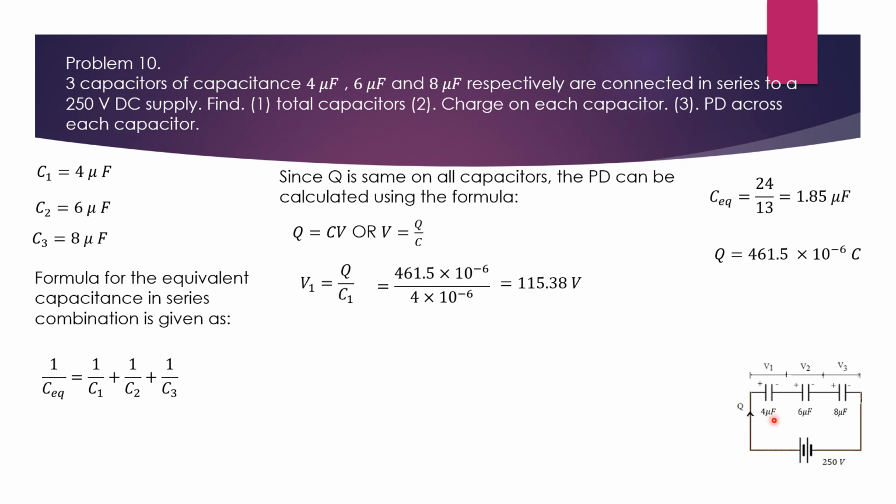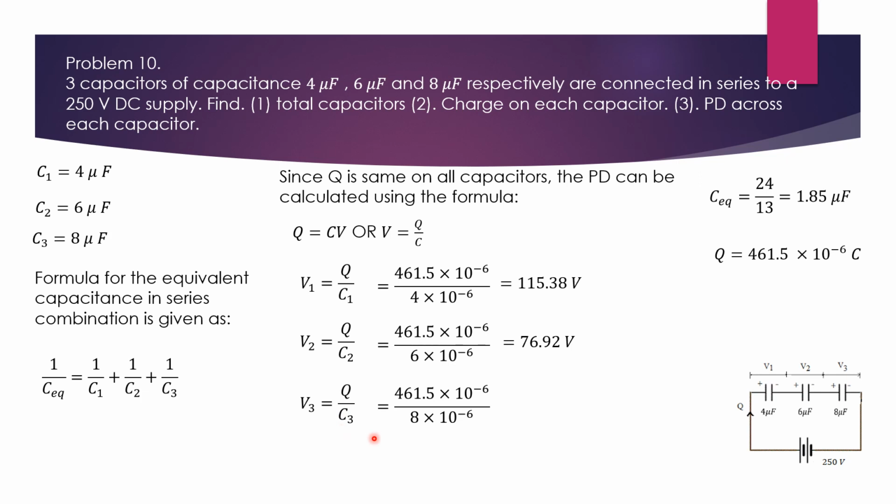This is V1 across this capacitor. Then V2 will be across this capacitor, that is Q over C2, 6 microfarad. Dividing it with 6 microfarad gives us 76.92. And similarly, V3 will be Q over C3 and 8 microfarad here, and that will give us 57.69 volts.